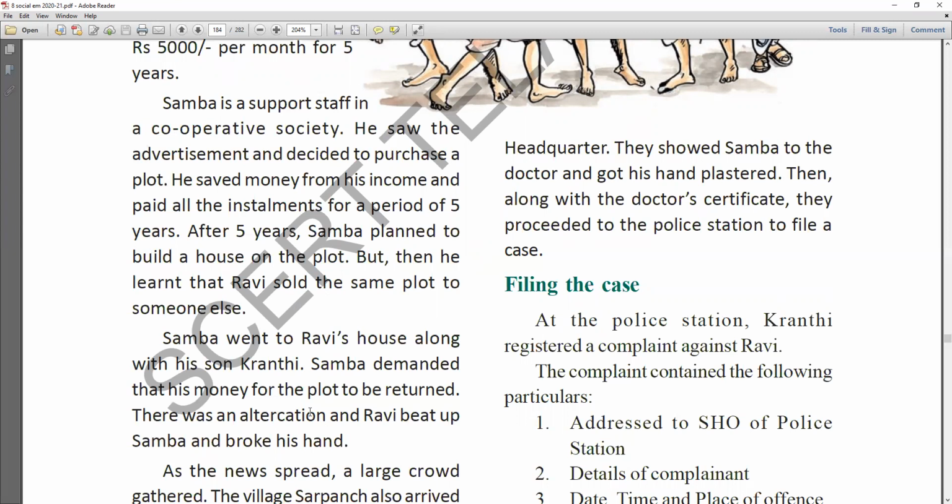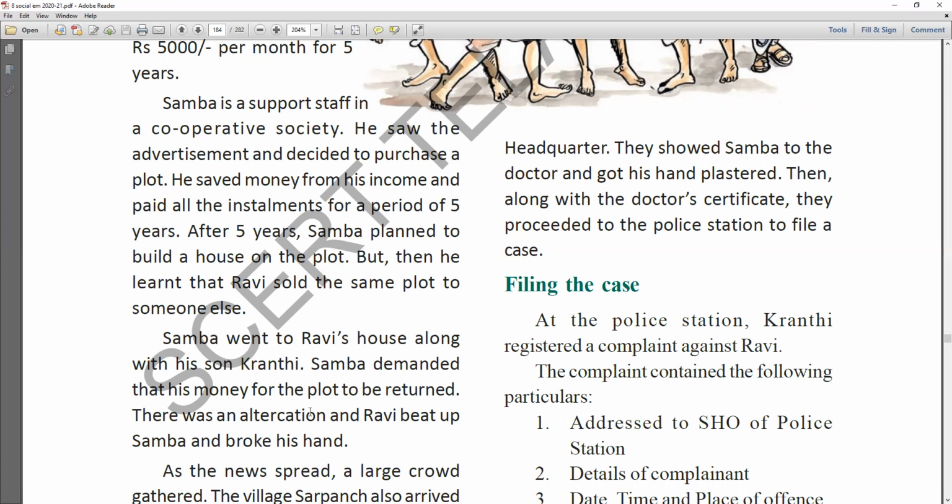So he asked for it. But there was an altercation, and Ravi beat up Samba and broke his hand. Both of them quarreled about that matter, and Ravi, very much anguished, got angry and beat up Samba and broke his hand.